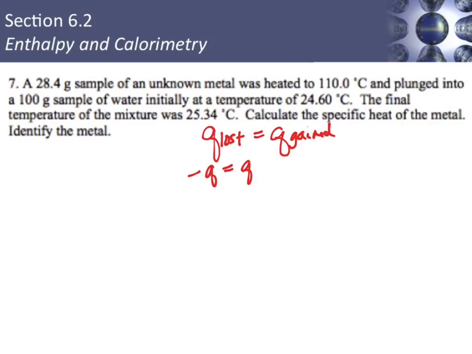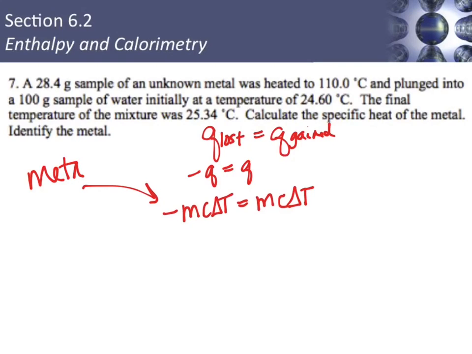MC delta T. So negative MC delta T is equal to positive MC delta T. Just out of habit, always put the metal on the negative side because it's usually the one losing the energy.